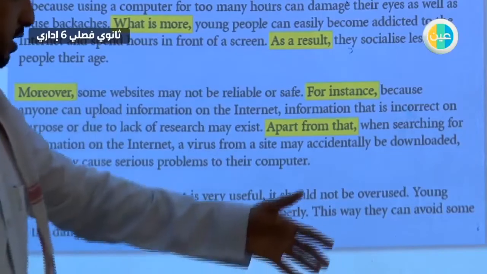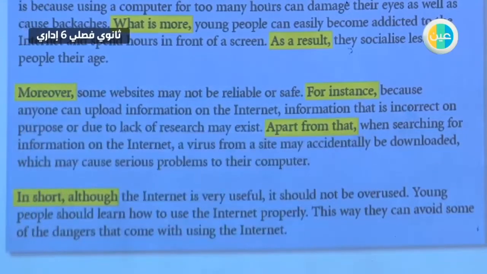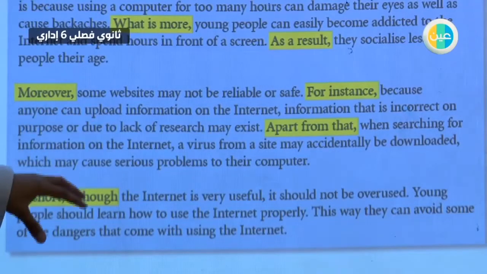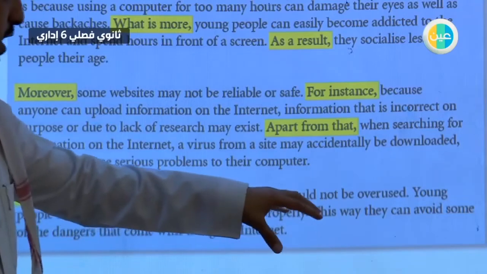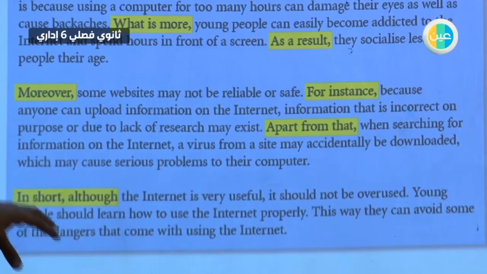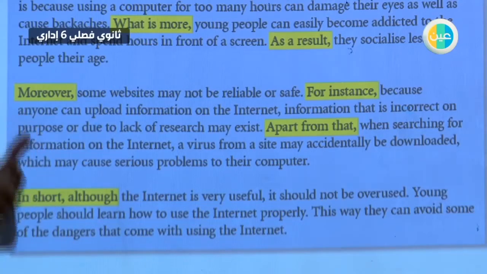Apart from that, when searching for information on the internet, a virus from a site may accidentally be downloaded, which may cause serious problems to their computer. So here he explained more and developed his essay.